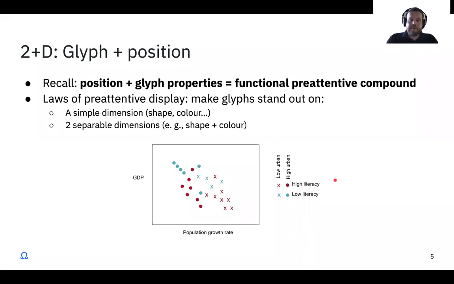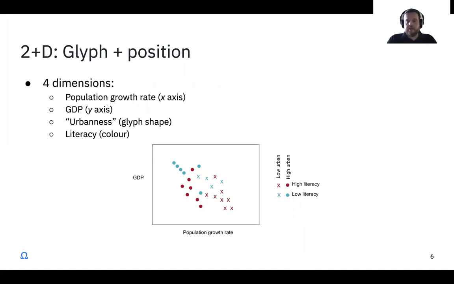So this is a plot that we have mentioned as a good example in lecture 2, I believe. And we see that here we easily encode 4 dimensions. On the x-axis, we have the population growth rate. On the y-axis, we have the GDP. Then we have the, let's say, urbanness or low/high urban dimension, which is the glyph shape. And literacy is encoded by color. Also nicely contrasting color. If you remember lecture 3, we talked about how contrast could be important.